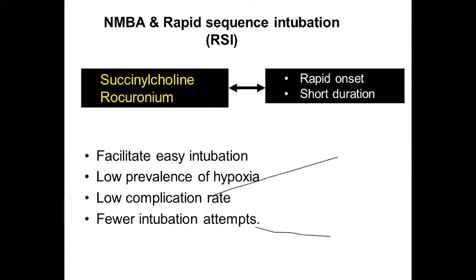The beauty of Sux and rocuronium, they have rapid onset of action and short duration. Sux is very short, up to 9 minutes. Rocuronium, a little bit longer, up to 40 to 45 minutes. But the beauty of rocuronium, as we just mentioned earlier, it has a reversal agent. So if you're not happy with it, you could just reverse the drug.